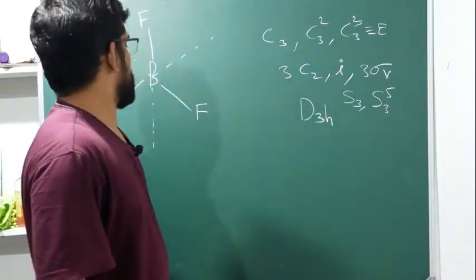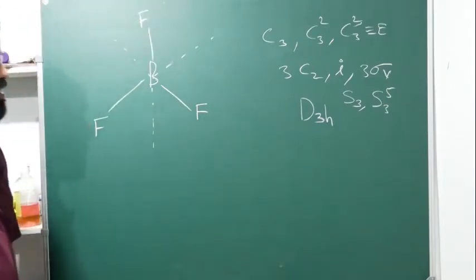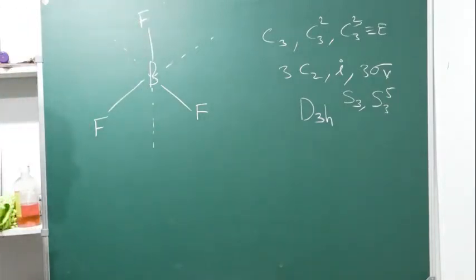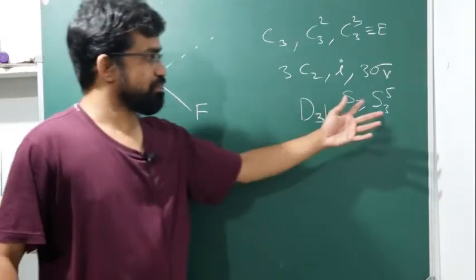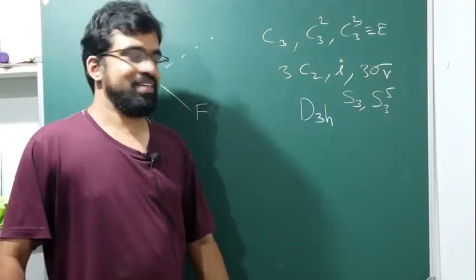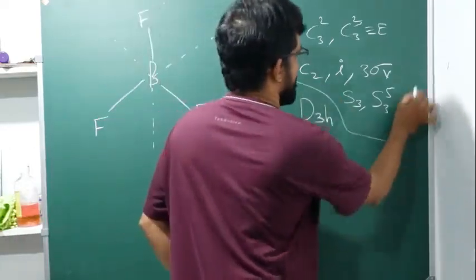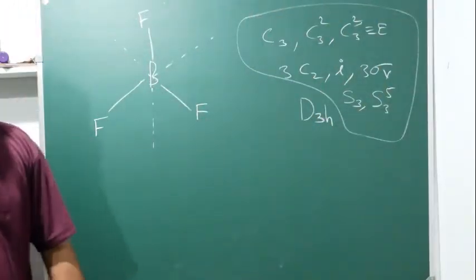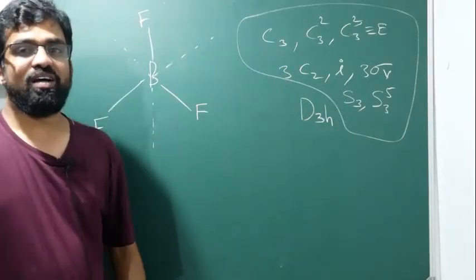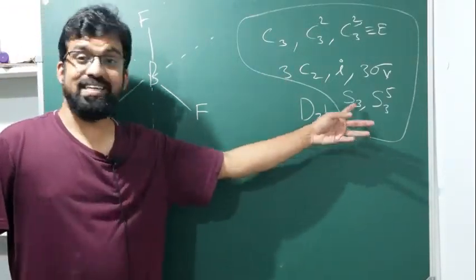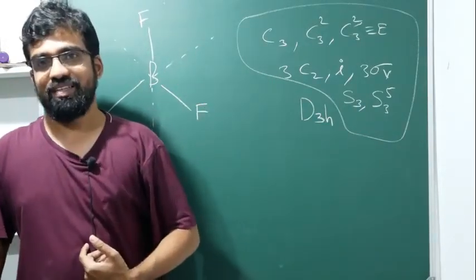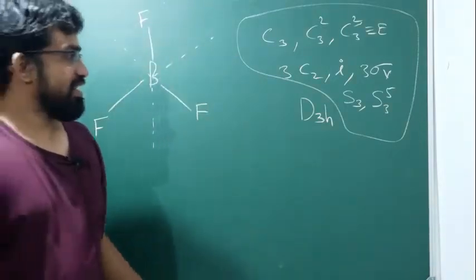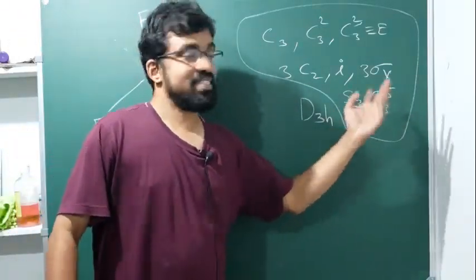Let me give you this question as it is for you. If you are not able to find out why S3 is there, then S3 squared, S3 cubed, S3 to the 4, S3 to the 5, S3 to the 6 are there.